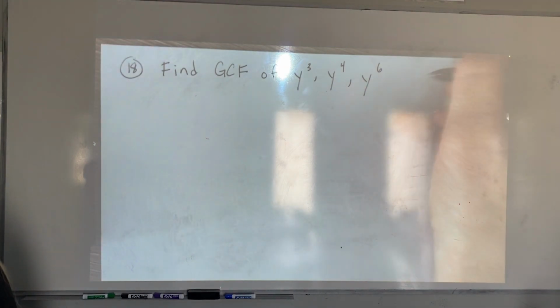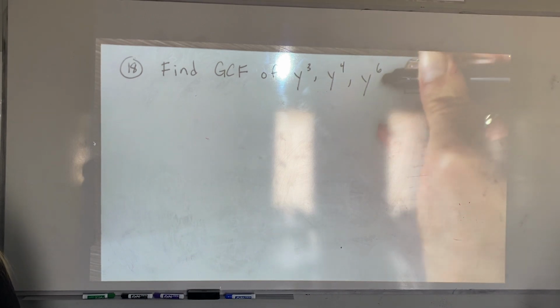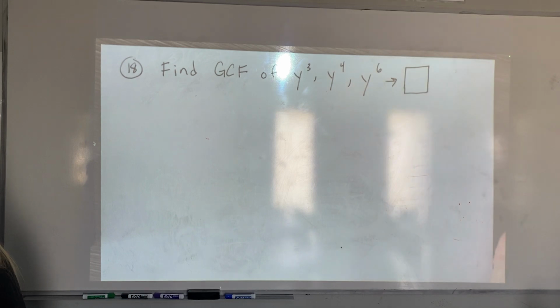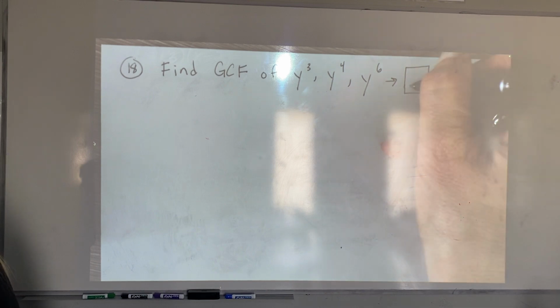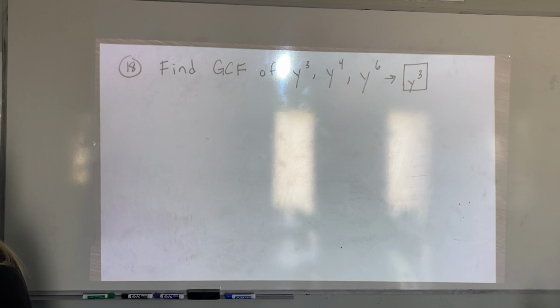What is it? Find the GCF of y to the third, y to the fourth, and y to the sixth. It is y to the third. That's all that number 18 is going to ask you.